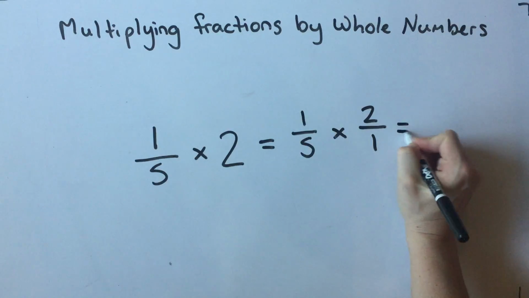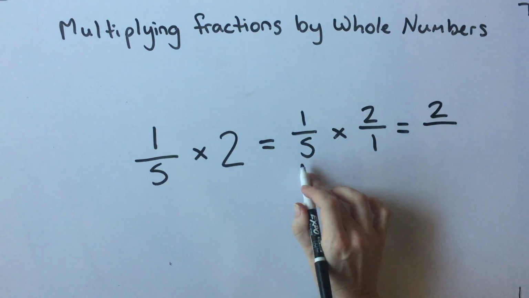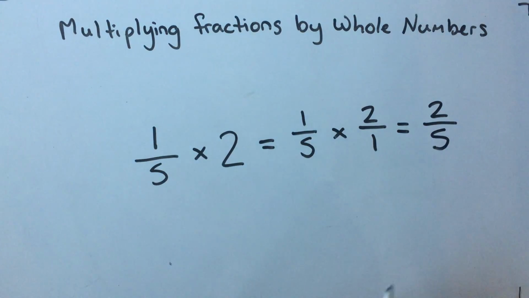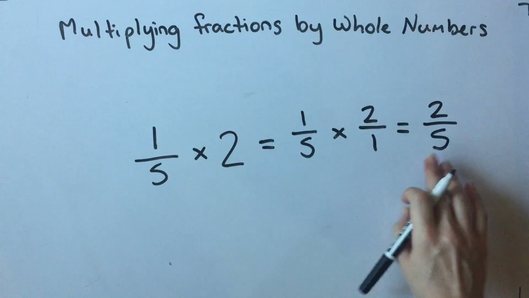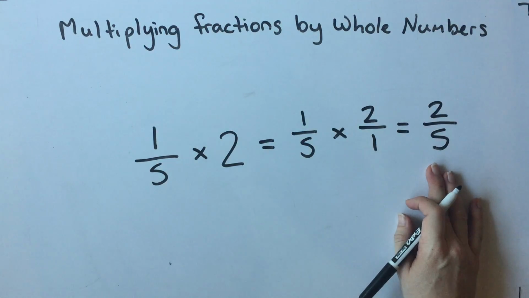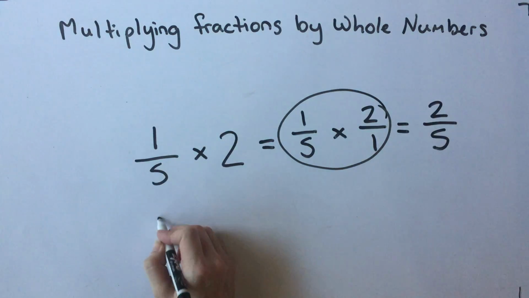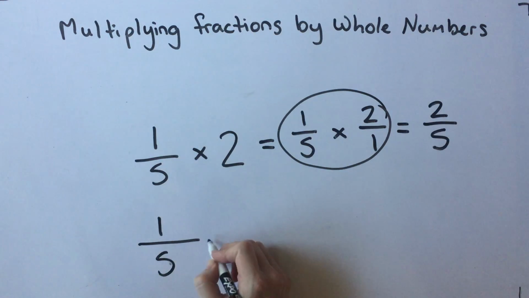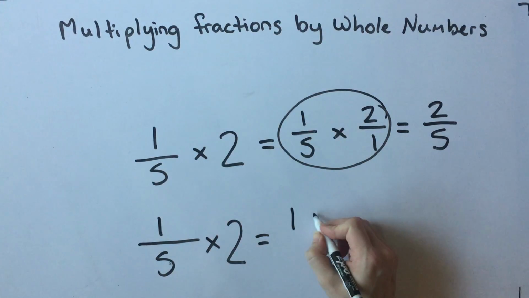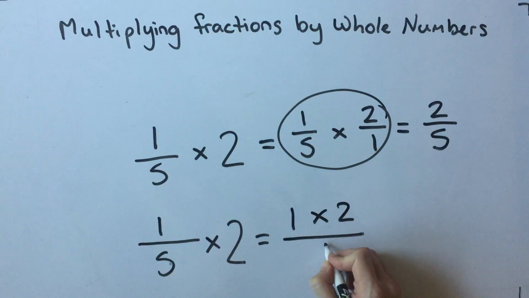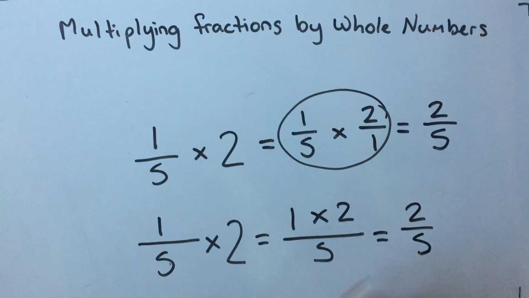So, okay, well, let's multiply. 1 times 2 is 2. 5 times 1 is 5. Do I have to do anything else, or am I done? That's my answer. I don't have to do anything. I don't have an improper fraction this time. But remember that this can also be written, I'll rewrite the starting fraction again, like this. 1 times 2 over 5 gets me to the same answer, 2 over 5.